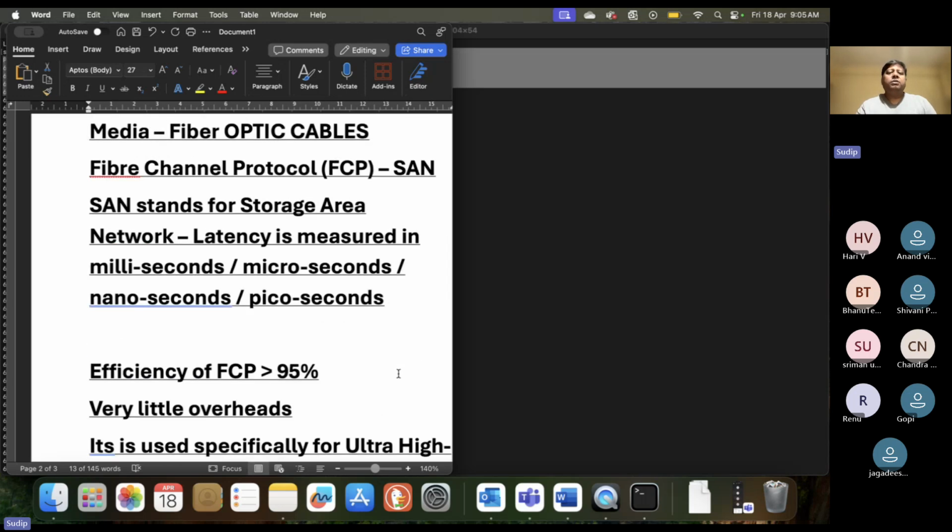You already know who the storage system is going to be, what its ports are going to be. You already know what the servers are going to be, and which servers are going to be connected to the storage, and hence very little overhead is needed for error correction, routing, and things like that. That is the reason why the efficiency of Fibre Channel protocol is greater than 95%.